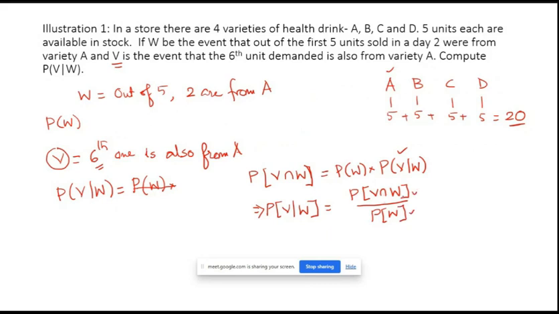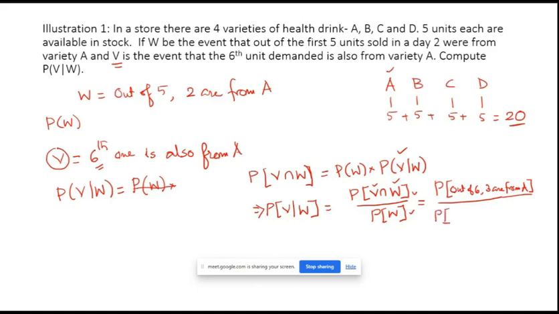Now try to understand what is the numerator. Numerator is the probability of W and B. W is that out of 5, 2 are from A. And B is that the 6th one is also from A. That means the probability you want to compute is that out of 6, 3 are from A. This satisfies both B and W, because this is telling that out of 5, 2 are from A, and this is telling that the 6th is from A. So if you combine, it means that out of 6, 3 of them are from A. And what is your probability of W?